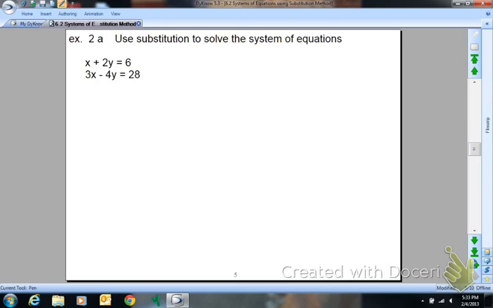Example 2, neither equation is solved for a variable, so we have to do that. Step 1 says to solve for the variable that has a coefficient of 1. In the first equation, x has a coefficient of 1, so we are going to solve for x.